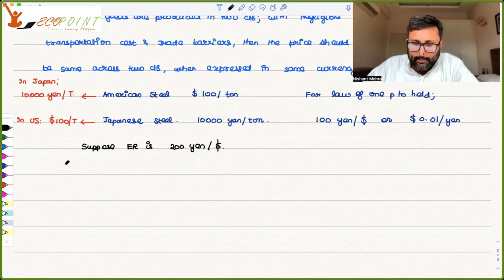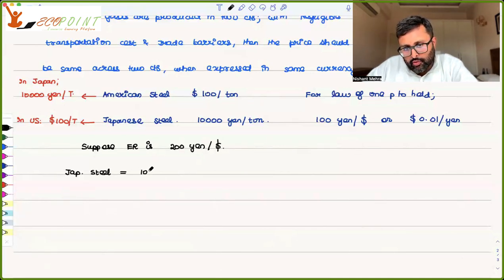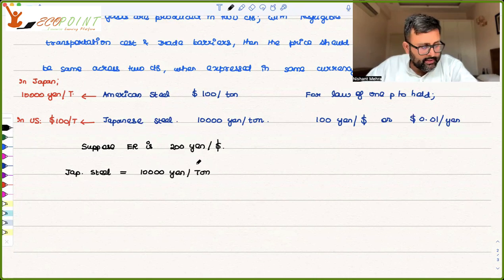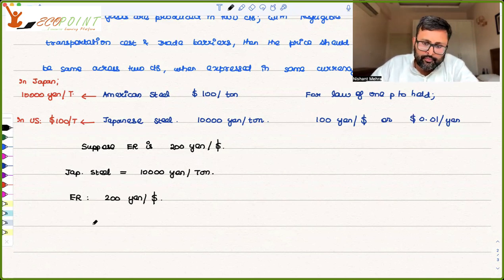So you tell me one thing. What is the price of the Japanese steel? Japanese steel is costing 10,000 yen per ton. What is the exchange rate? 200 yen per dollar.